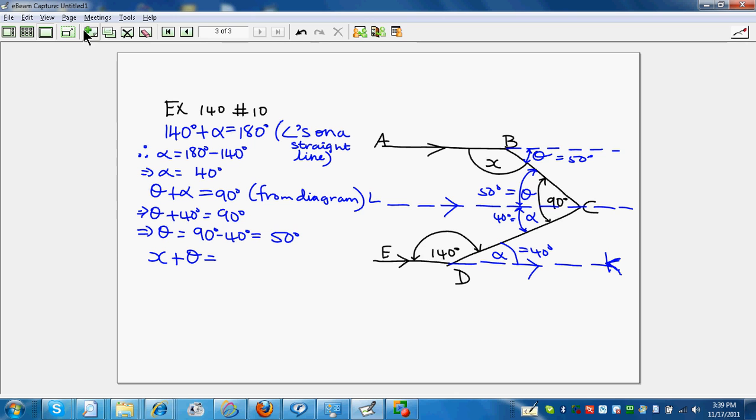That's because angles on a straight line.